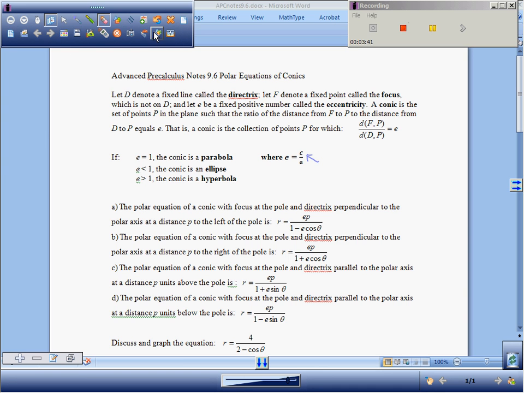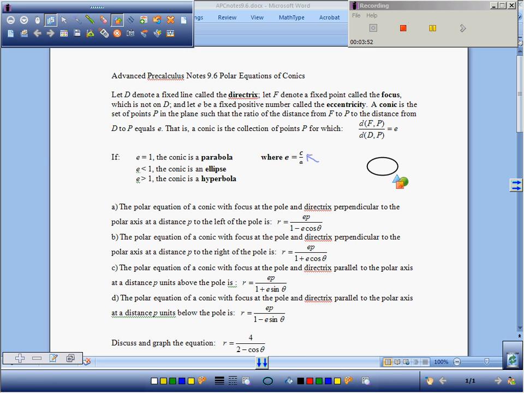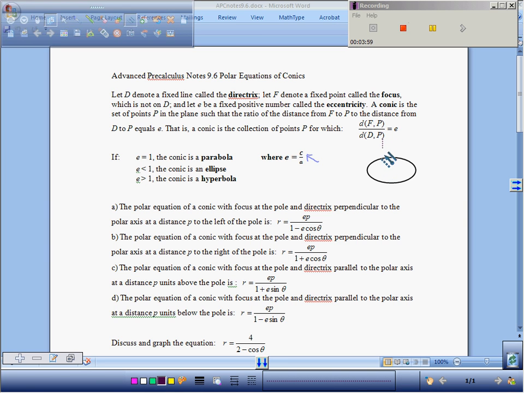Well, let me see if I can draw an ellipse with my shape tools. I think this is more of an oval than an ellipse, but say I were to do something like that, and I have an XY axis, and this is where it gets a little bit weird, in that it's not centered at the origin when they do these polar graphs, and this is one of the foci of your ellipse, okay?